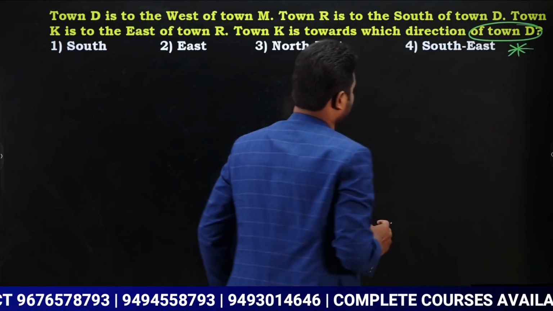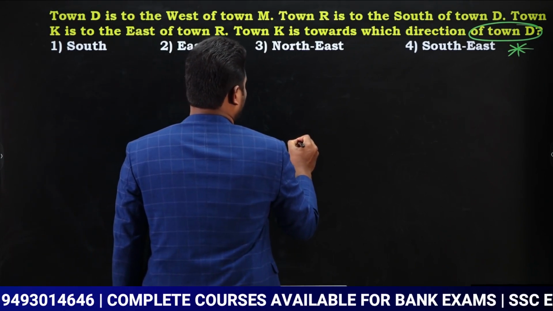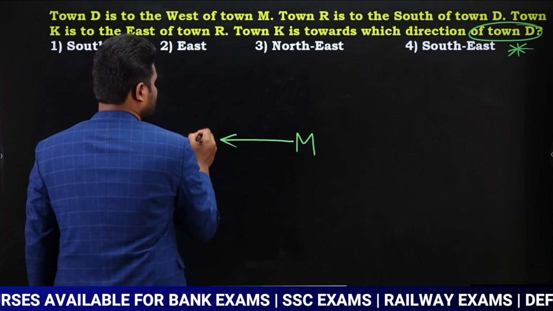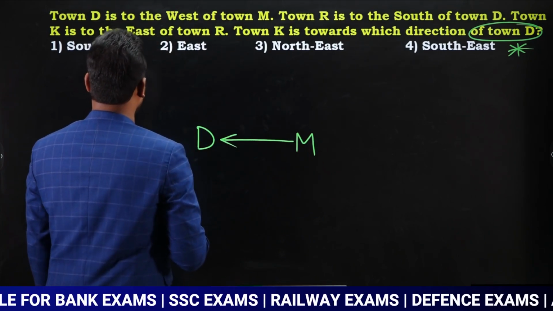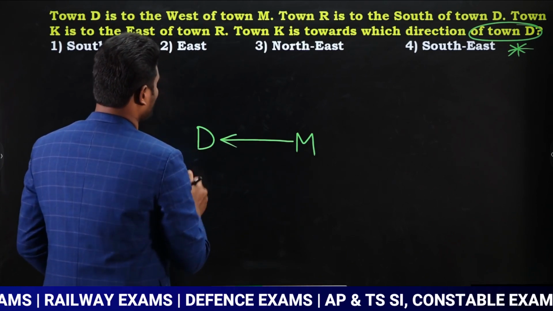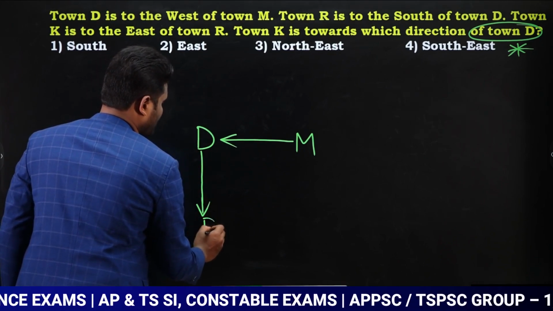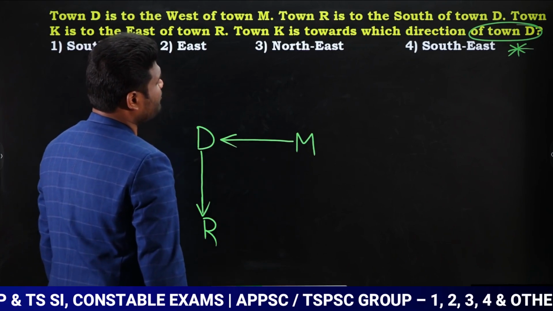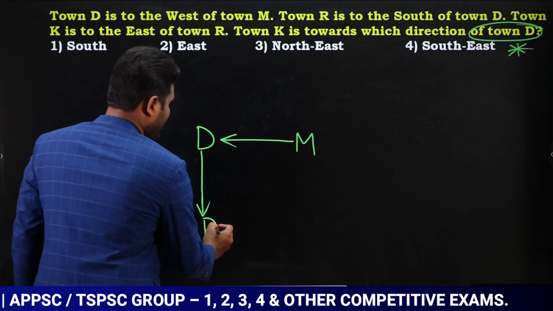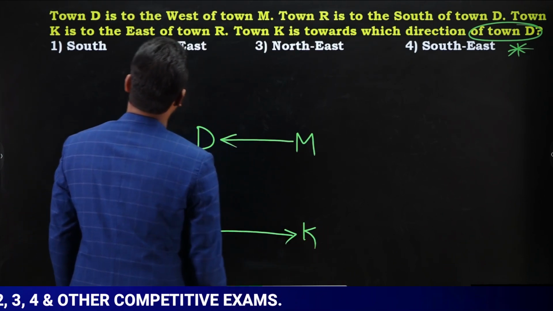Town D is west of town M, so this is town M; for town M, west is town D. Town R is to the south of town D; for town D, south is town R. Town K is to the east of town R.